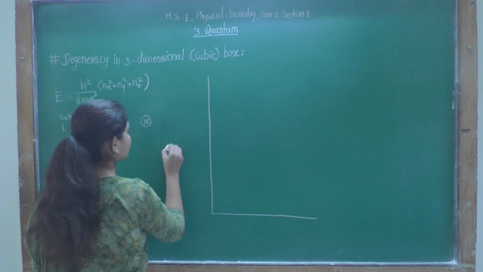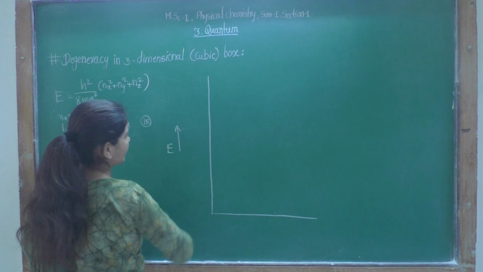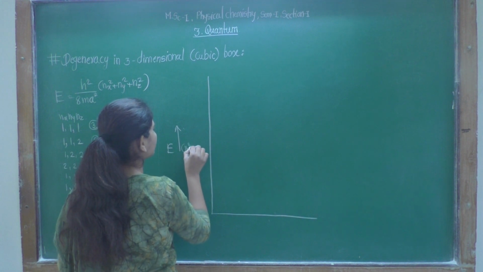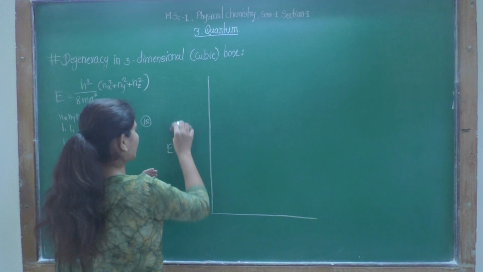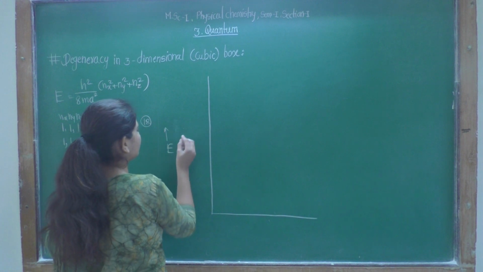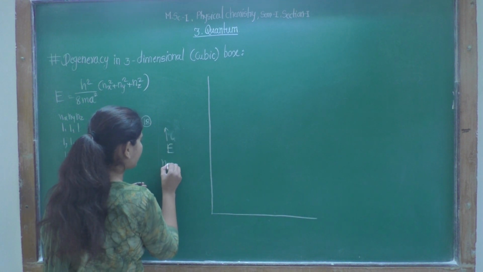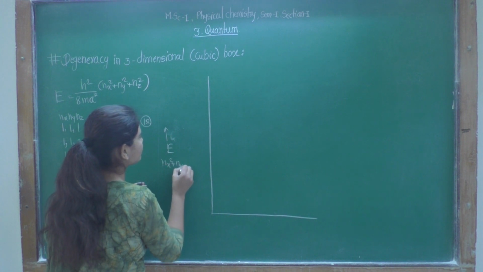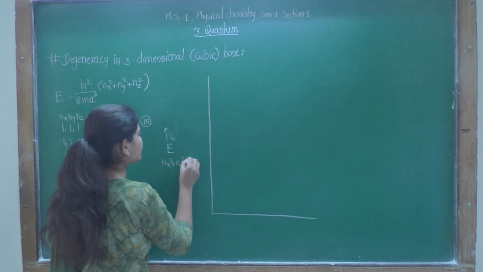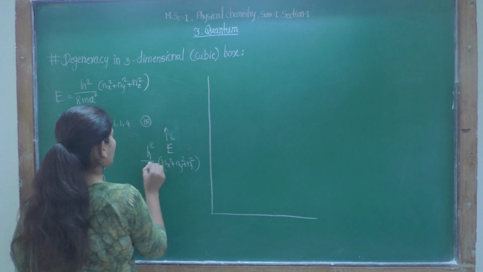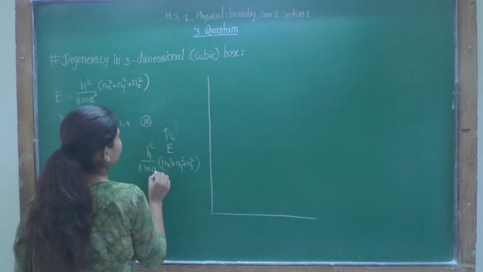Here is energy, Nx square plus Ny square plus Nz square, in units of h square upon 8ma square.